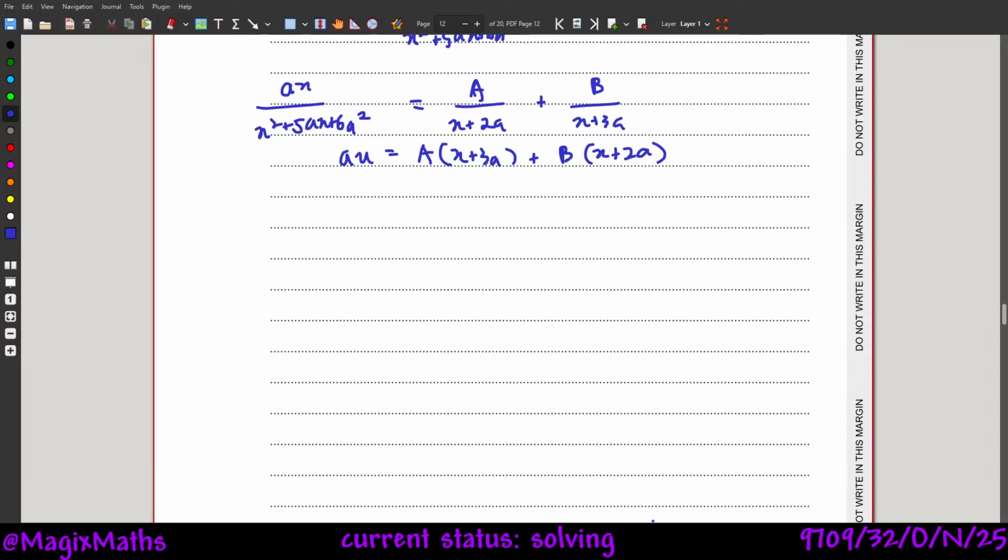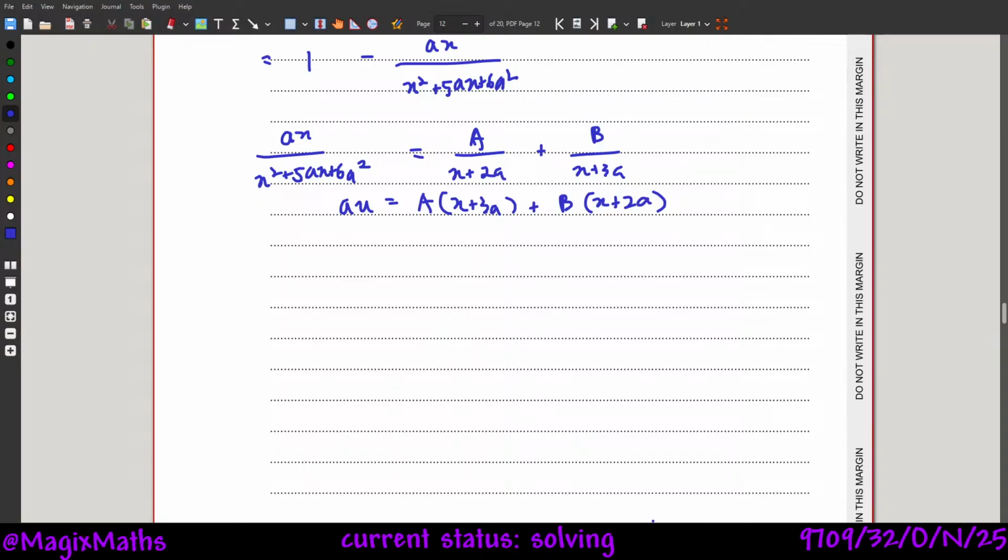And then we want to put in x such that one of the roots, x plus 3a, is 0.